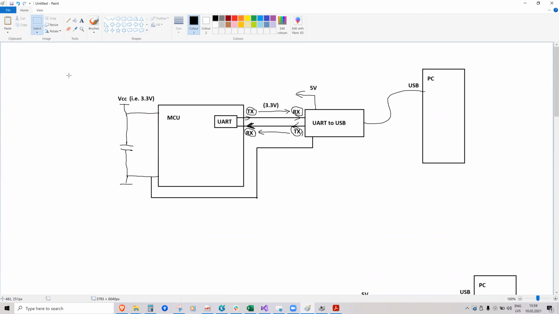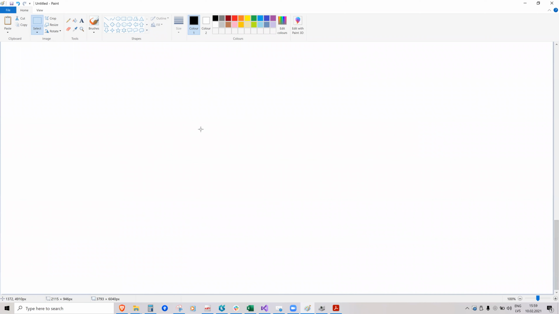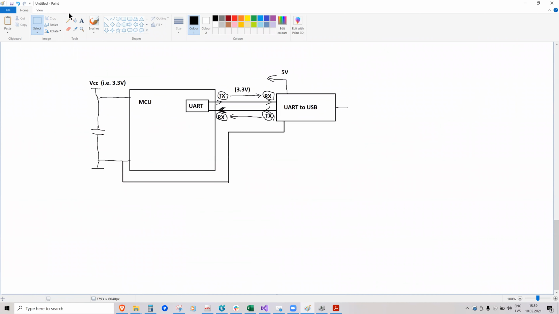I'll just use this picture. Just a fun fact for you. And instead of USB to UART, it's just going to be a sensor.